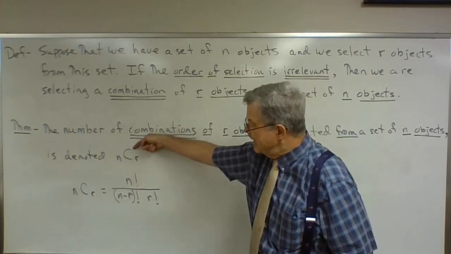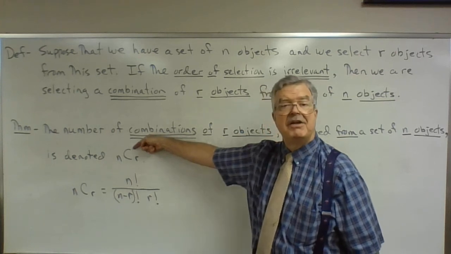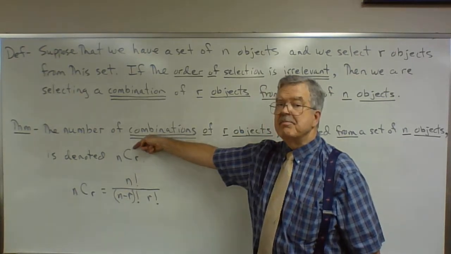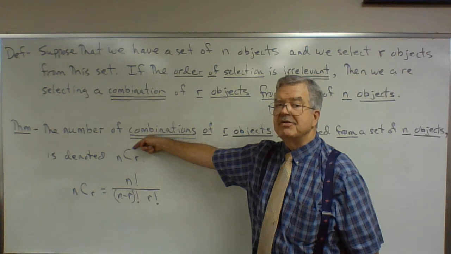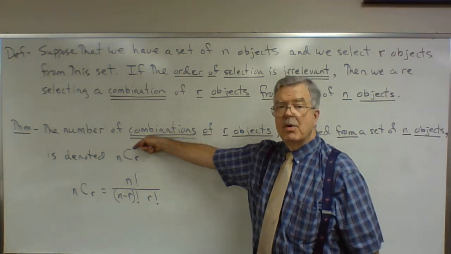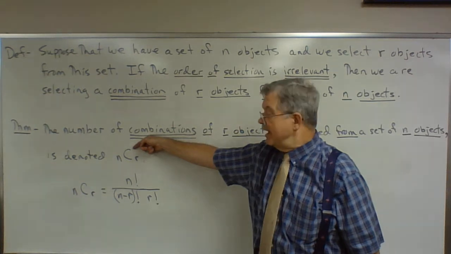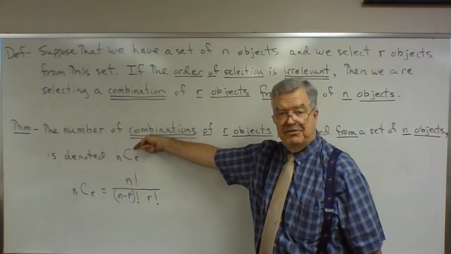Notice that here we have capital C for combination. If this were a permutation and the order of selection mattered, this would be a capital P. But if the order is irrelevant, it's a combination, and we have a capital C here.